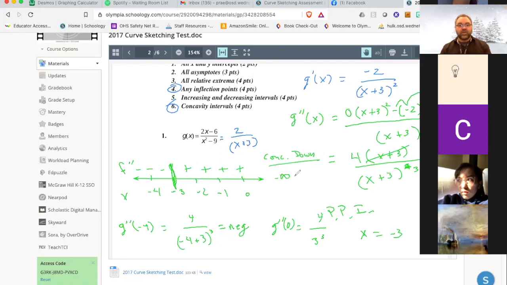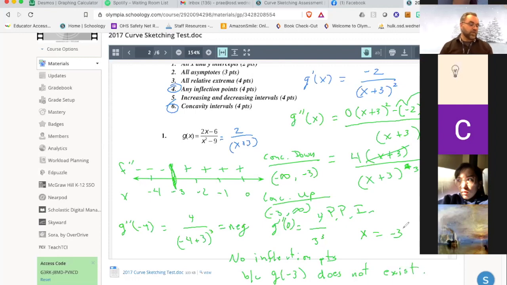From -infinity to -3, and it's concave up from -3 to infinity. All right, but there's still no inflection points, because g of -3 does not exist.